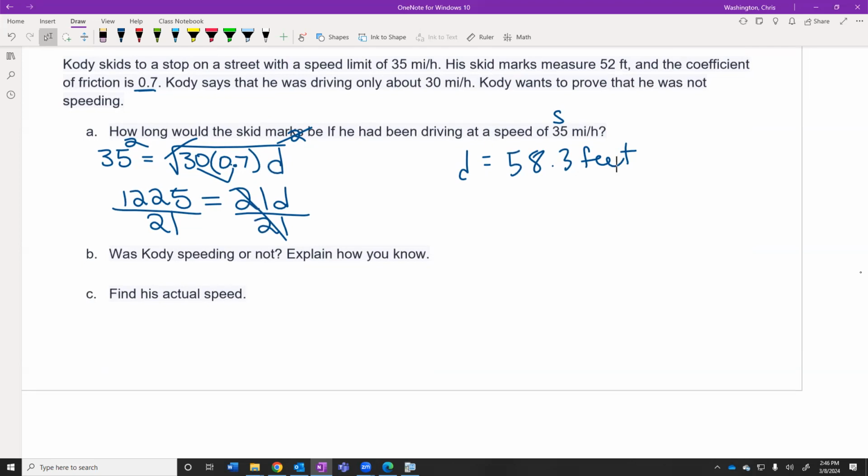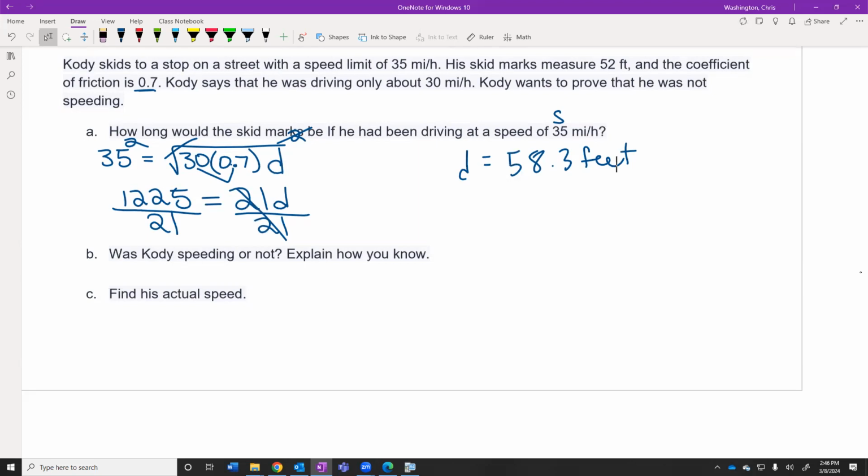You may have done 1225 divided by 30 times 0.7. If you do it that way, you need to use the fraction button, because you will get the wrong answer if you do 1225 divided by 30 times 0.7. Your calculator is actually dividing by 30 and then multiplying all of that times 0.7. That would be my guess as to what you did, but I don't know for sure though.